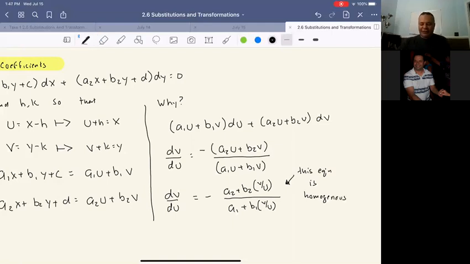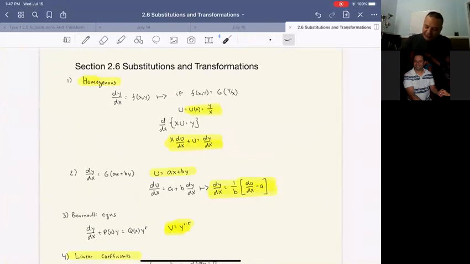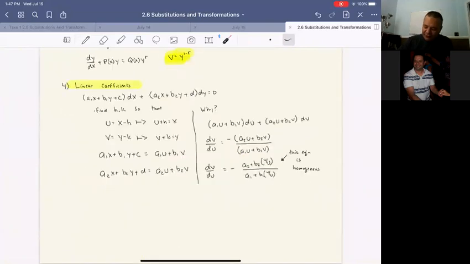And by homogeneous, I mean this type of homogeneous.